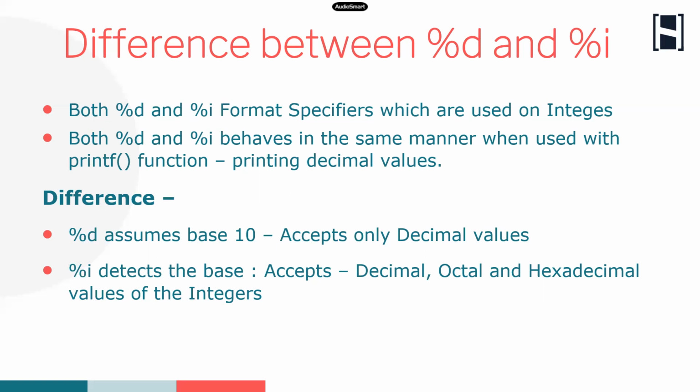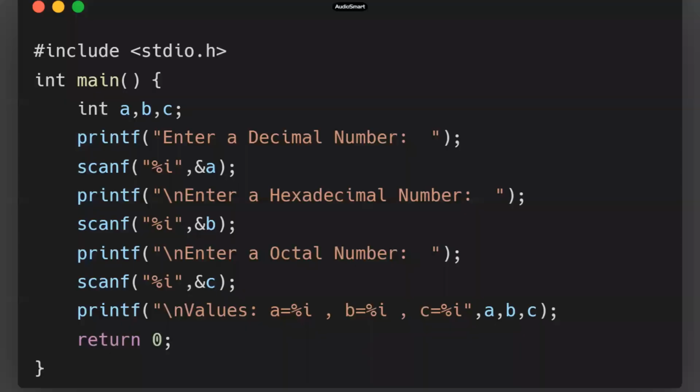Right, so let us see an example to understand this a little better. Take a look at this. Here in this program, I have declared 3 variables. A, B, and C are my 3 variables. And I am asking the user to enter a value in decimal, in hexadecimal, and in octal. I am taking the value in all 3 number systems, and each variable is going to hold that value.